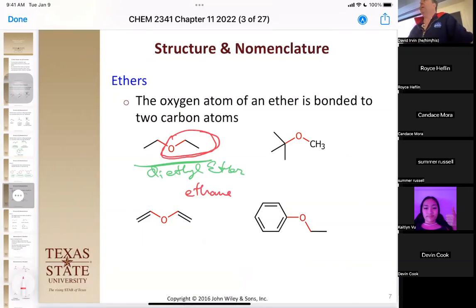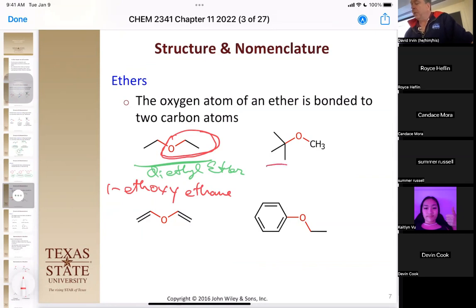And we have 2 carbons on there with an oxygen, so we call that ethoxy. We're going to call it 1-ethoxyethane, and it all runs together. So that's the IUPAC name, because they are always substituents.